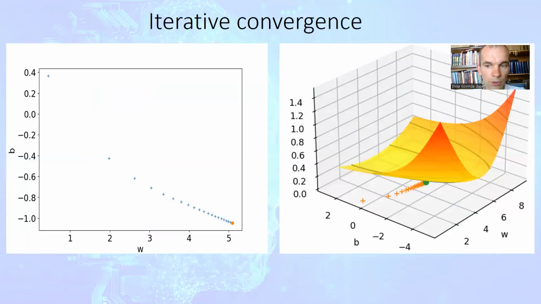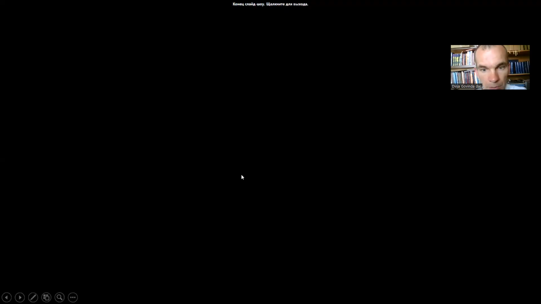And here we can also observe how the method of gradient descent gradually converges to the local minimum of the cost function. The 2D plot is shown on the left, and on the right we have a 3D plot, where on the projection to the plane of W and B, we can see that these crosses, which correspond to the values of W and B for different iterations, converge to our desired point of local minimum.